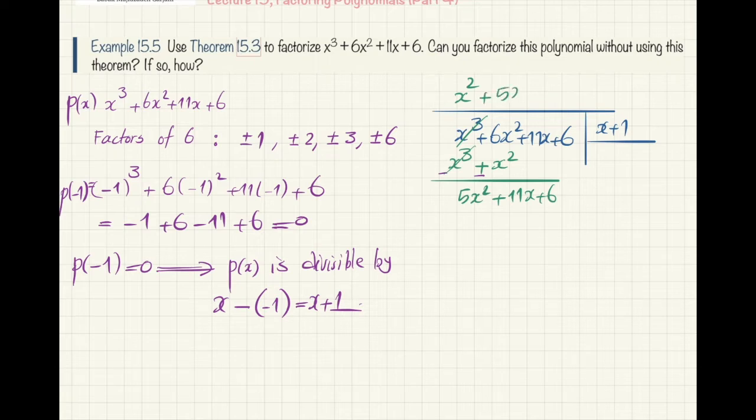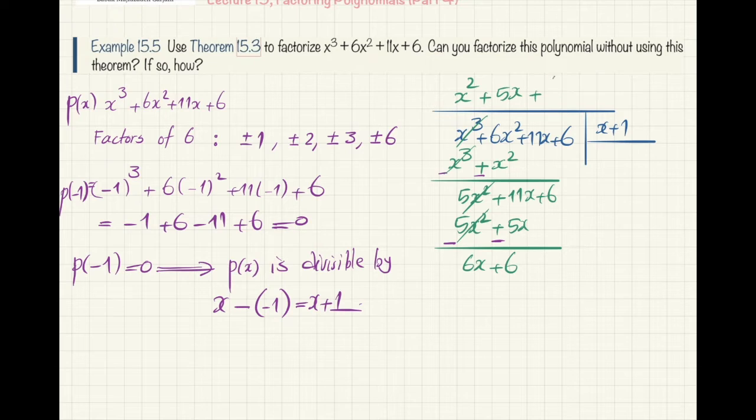So the next term would be 5x. If I multiply, it becomes 5x squared plus 5x. Okay, and then I will change the sign here to negative and to negative here. I put the opposite sign here, yes. So then I add them. This one and that one are gone. Minus 5x and 11x are added to 6x, and then I will have 6.